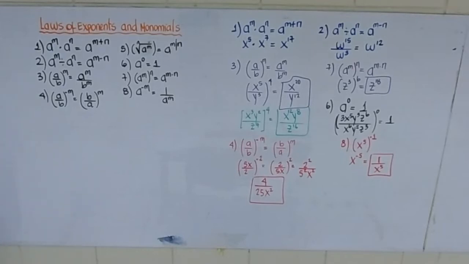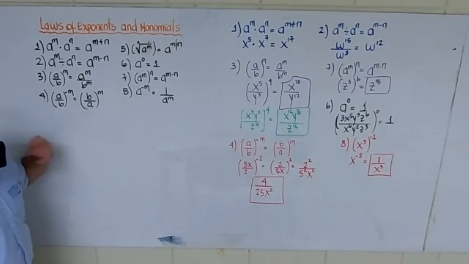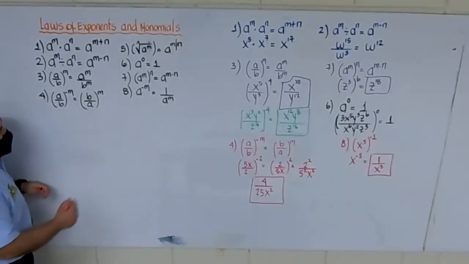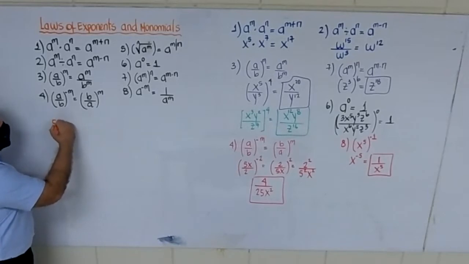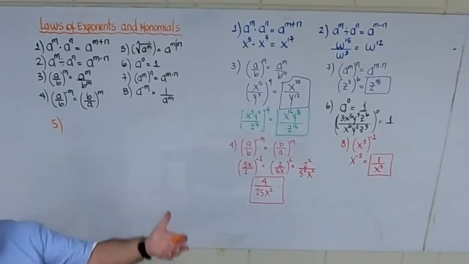I'm pretty sure you studied at least 6 or 7 of these 8 rules since 4th, 5th, and 6th grade, right? But rule number 5 is the rule of radical expressions. This is how we can write a radical expression in exponent form.